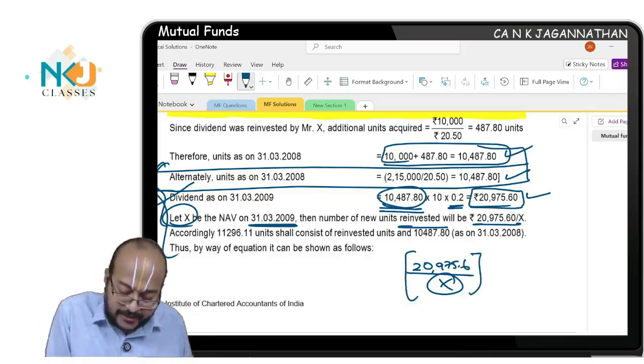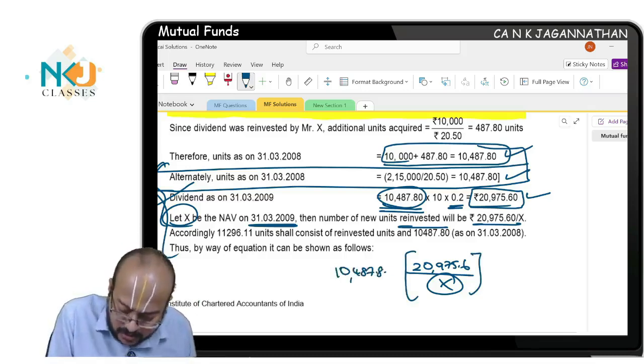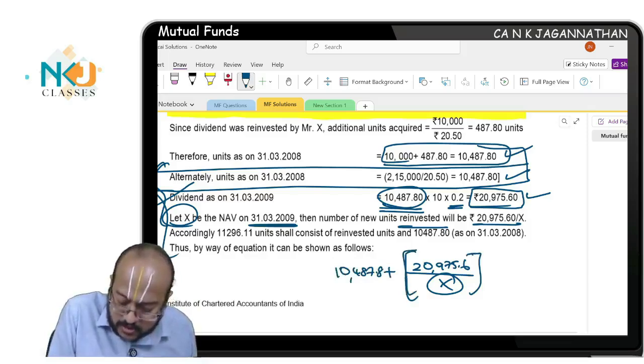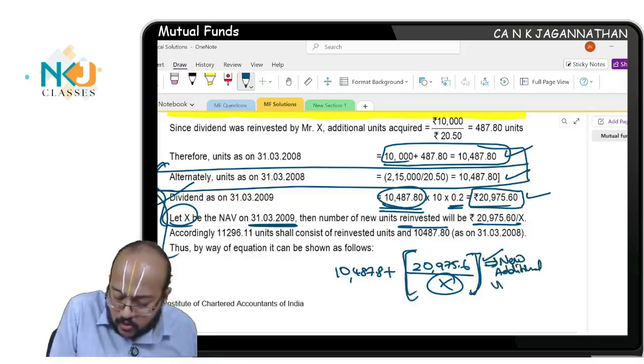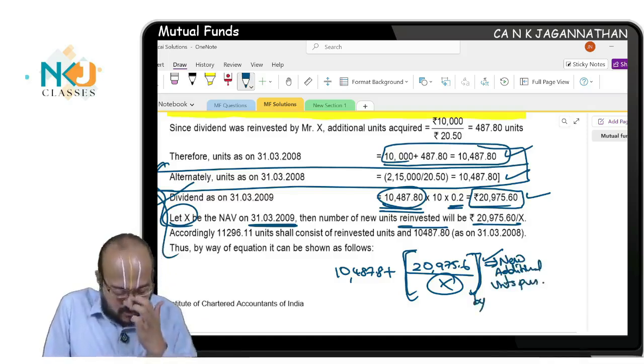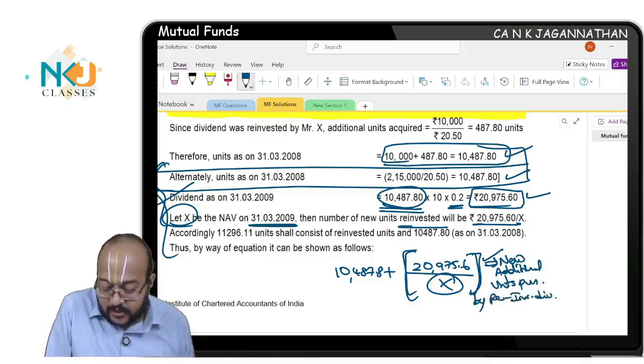Upper second year end, you have opening 10,487.8 units plus, what is this called? This is nothing but new units issued, the new additional units purchased by reinvesting the dividend, correct?